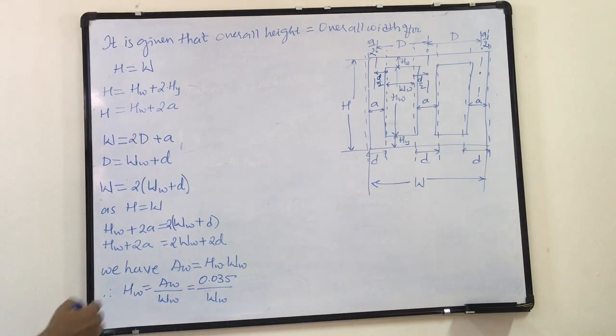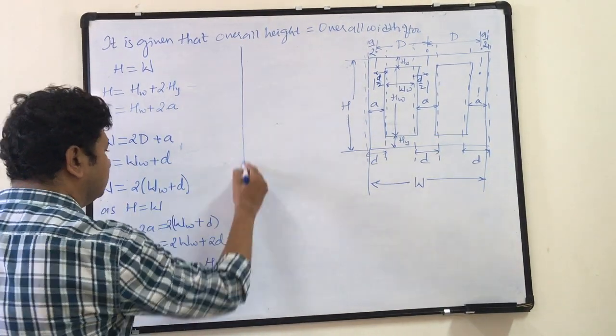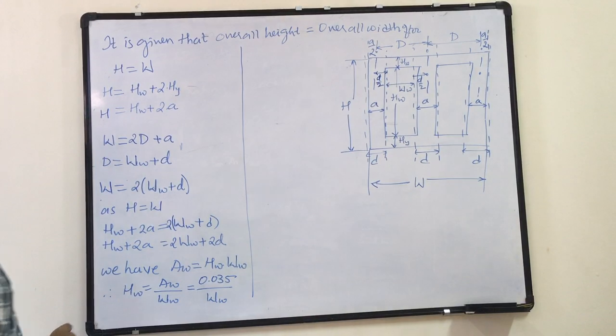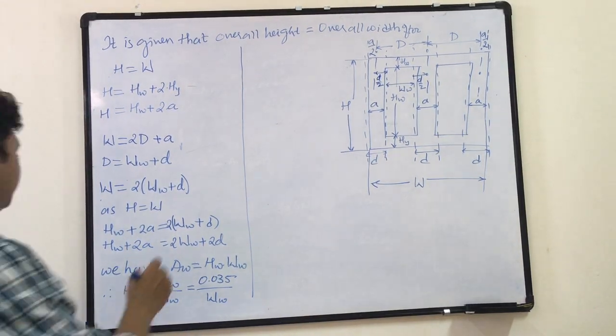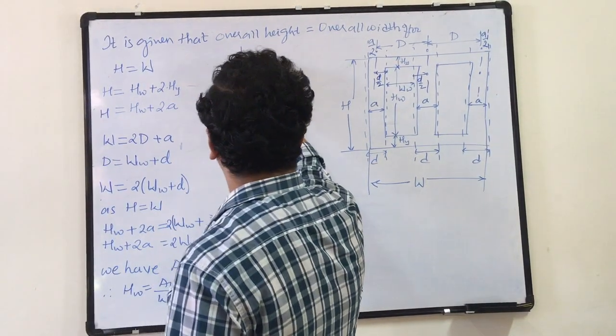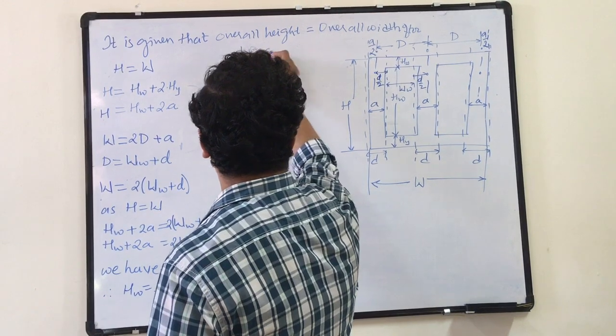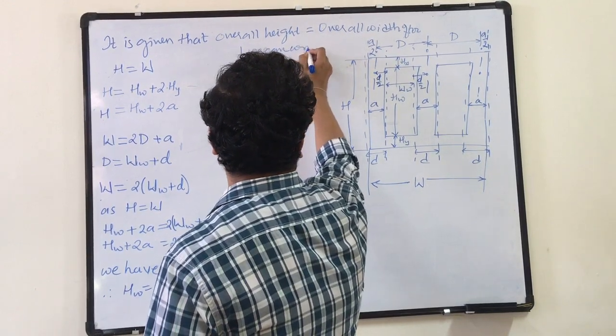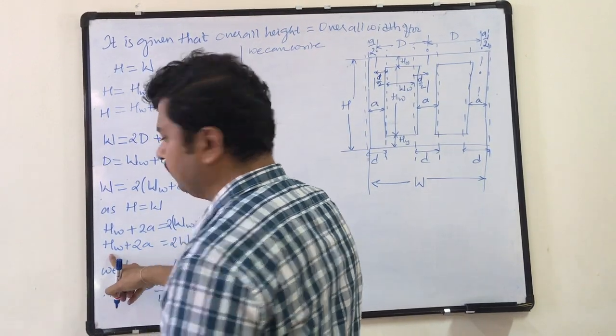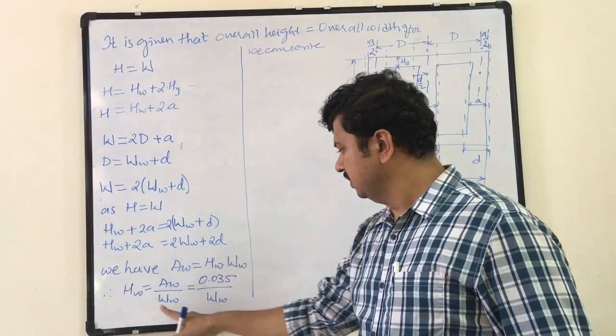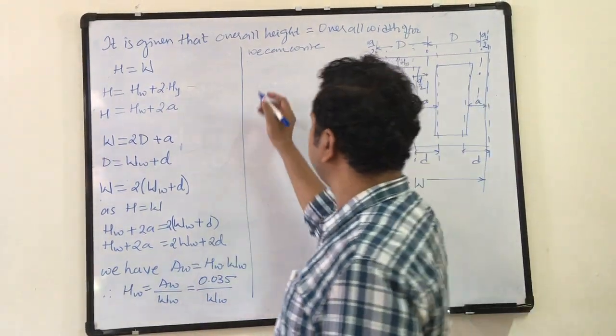Okay, now substitute that in this equation. Therefore we can write height of window is 0.035 divided by width of window.